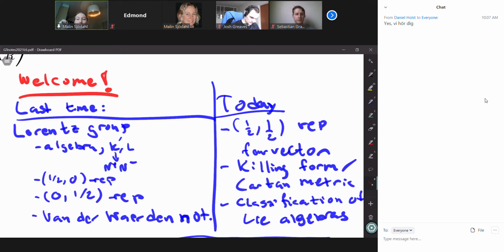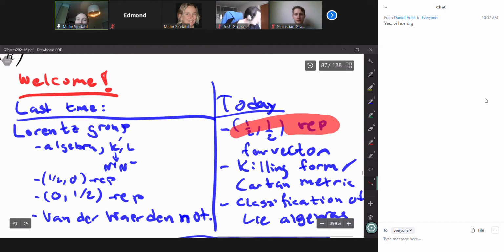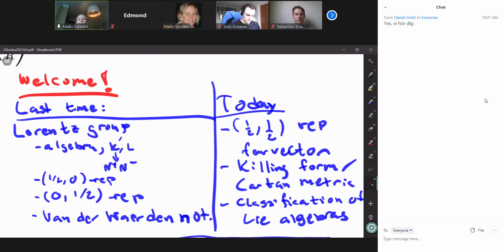Today we will finish this up by considering the so-called 1/2 1/2 representation. So now we have both a dotted and an undotted index. Interestingly, this will be possible to translate to the ordinary 4-vector transformation. After that, we will move on to the Poincare group.